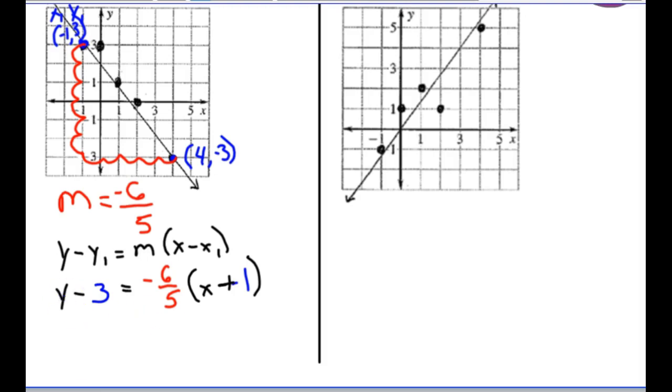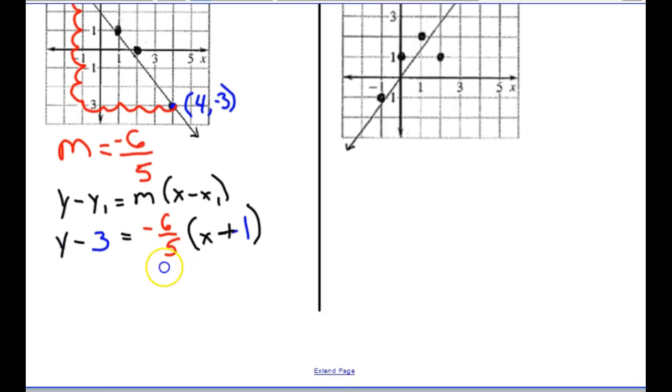Alright, so now we need to put it into slope-intercept form. So we need to draw our box. We get -6/5 outside and x plus 1 on top. -6/5 times x is -6/5 x. -6/5 times 1, if we put that into our calculator, we get -1.2.